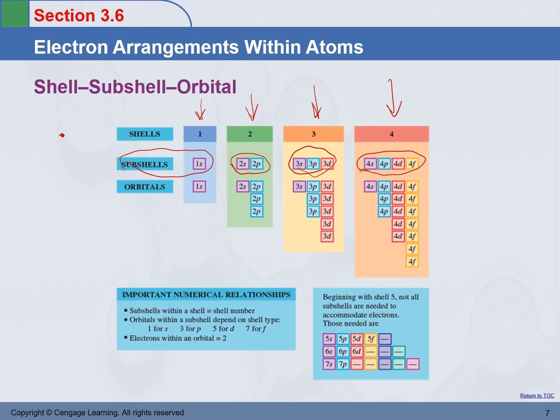In the case of 1s, there is only 1 orbital. 2s, 1 orbital. 2p, 3 orbitals. 3s, 1 orbital. 3p, 3 orbitals. 3d, 5 orbitals. Then 1, 3, 5, 7 for shell number 4.